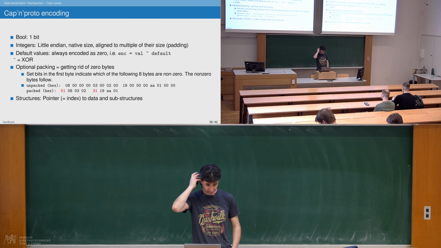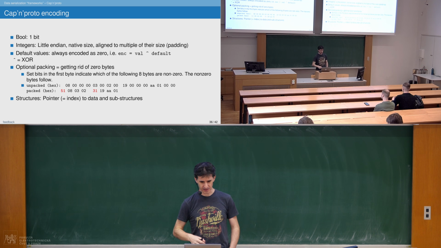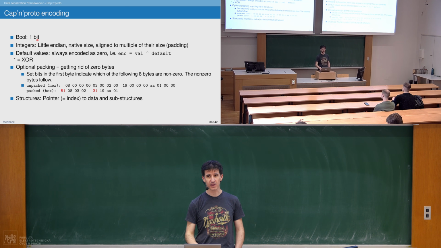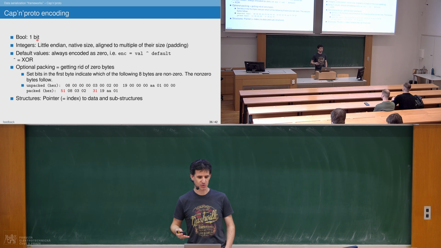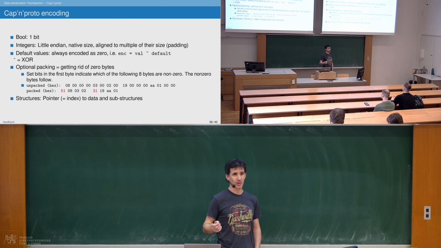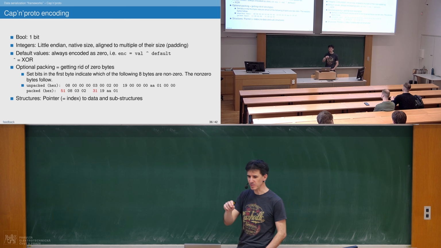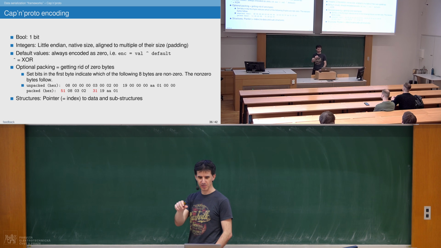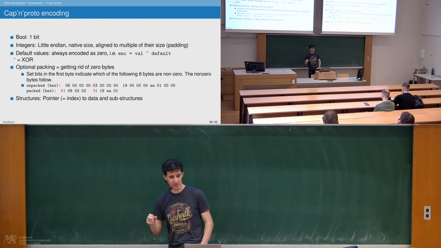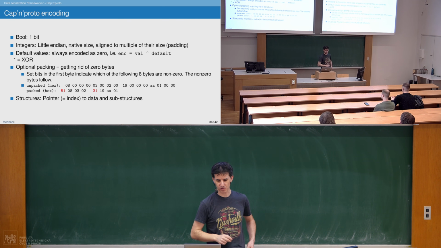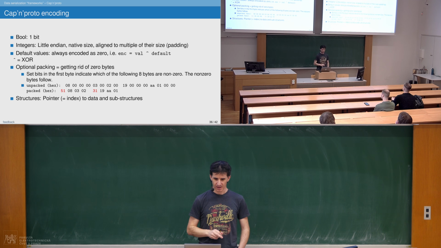So one of the tricks is that whenever you have a Boolean value, it is actually encoded as 1 bit, and multiple Booleans can be put together into a single byte or single integer. So there is some kind of compression of Boolean values.